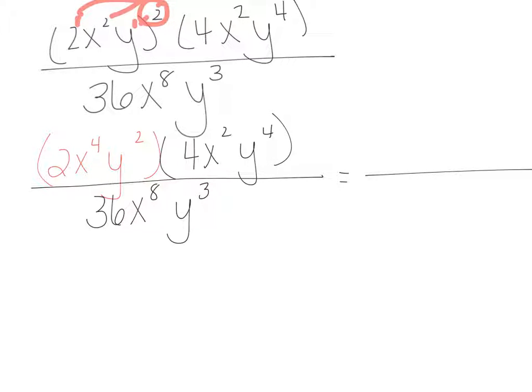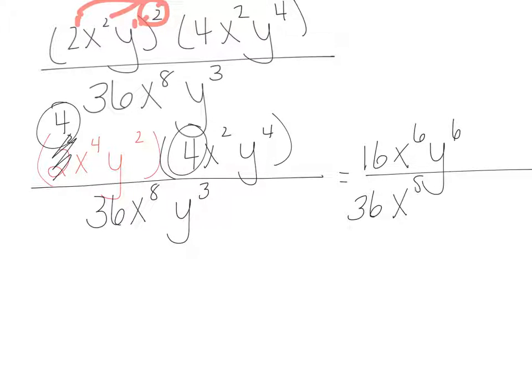They make 8. Whoa, I messed up. That should be 2 squared, x to the 4th, y squared. So 2 squared makes 4. So 4 times 4, those are coefficients. That makes 16. Exponents, I add them. X to the 6th, y to the 6th, all over 36, x to the 8th, y to the 3rd.